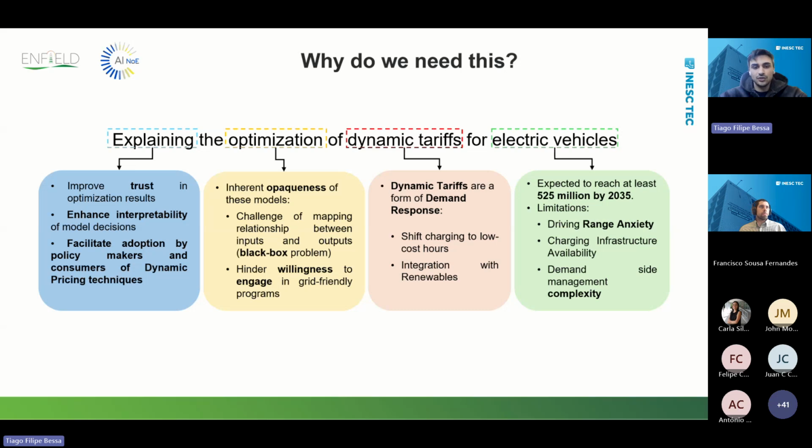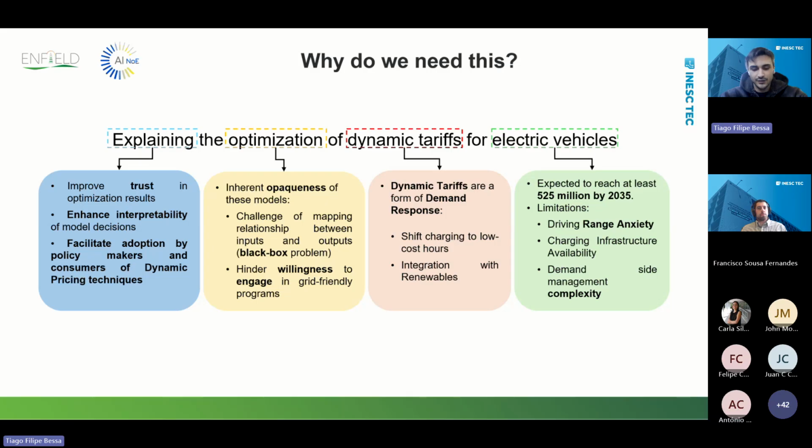To tackle this last issue, we end up developing several charging control strategies, direct or indirect, and among these latter, dynamic pricing. Dynamic pricing is basically a form of demand response where we use price signals to adjust charging demand according to conditions from the grid.